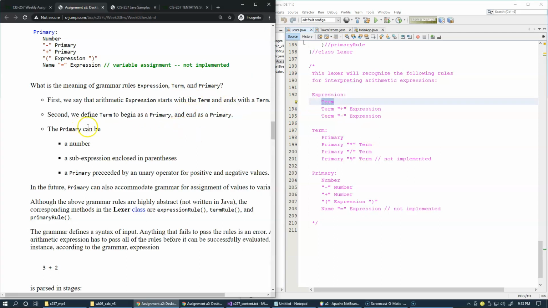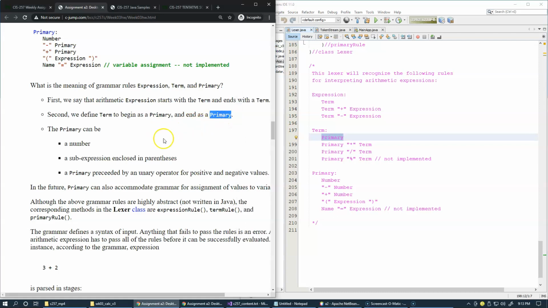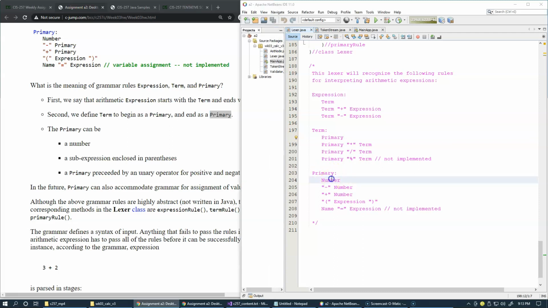The next part here says, what is the term? The term begins with definition of primary and ends with definition of primary. And then what is primary? The primary essentially is defined as a number, the negative sign followed by the number, positive sign followed by the number, and another expression enclosed in parentheses.